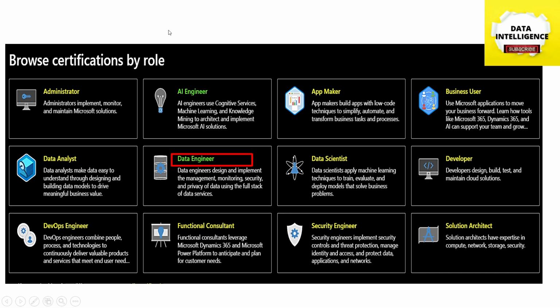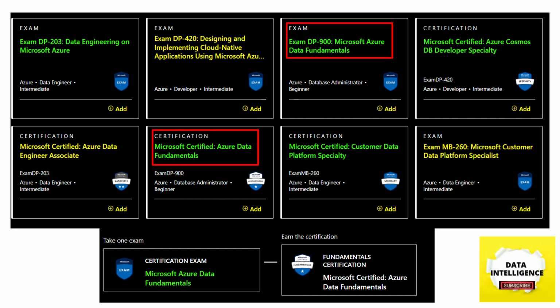If you click on the certifications, here you can see the certifications by role. If you are in any specific designation, you can just search for your role, and if you are going to train yourself as a data engineer, then you can click on this data engineer link. Once you click on data engineer, it shows all the examinations which the data engineer can do.